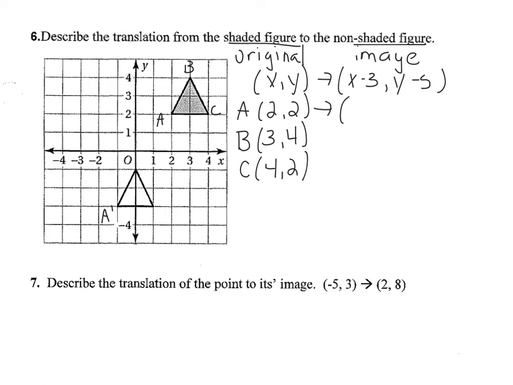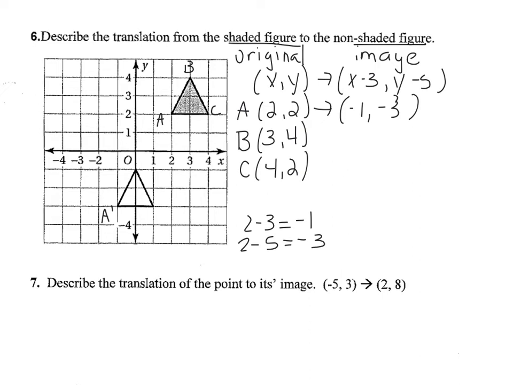That new ordered pair for A prime is -1, -3. So basically what I'm doing to get that new image and its ordered pair is I'm saying that 2 minus 3 equals -1 and 2 minus 5 equals -3.